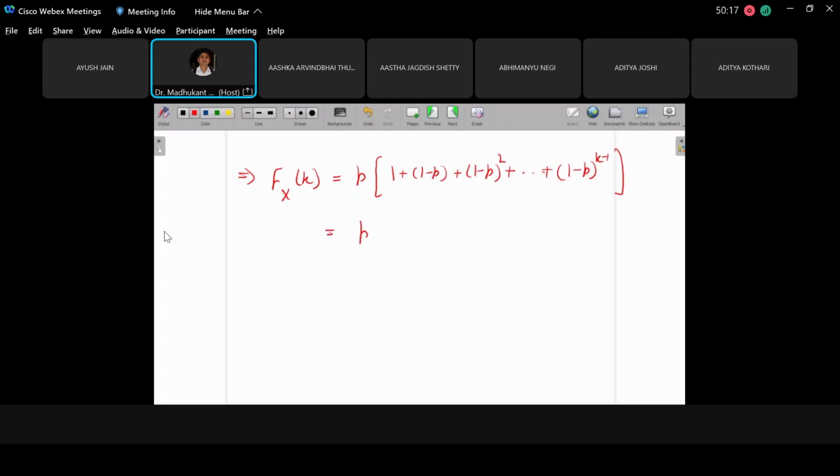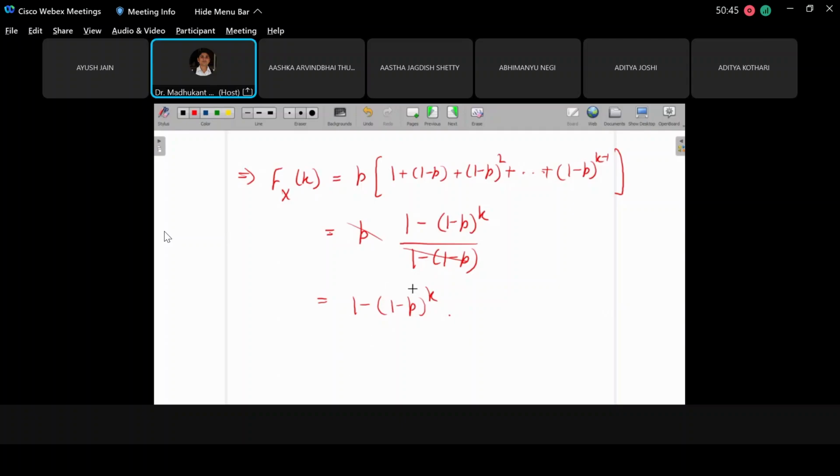So it's very simple, p times (1 minus (1 minus p) to the power k) divided by (1 minus (1 minus p)). It's very simple to follow. So 1 minus 1 plus p is equal to p, and this is equal to 1 minus (1 minus p) to the power k. Okay, so done, right? So this is the cumulative distribution function for geometric random variable.